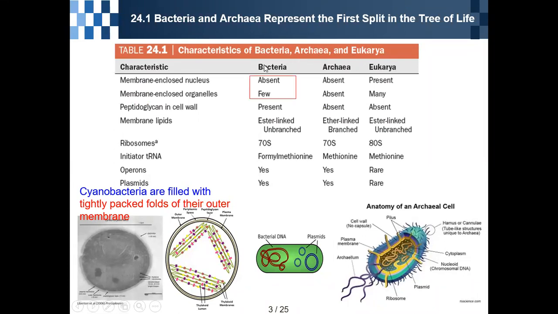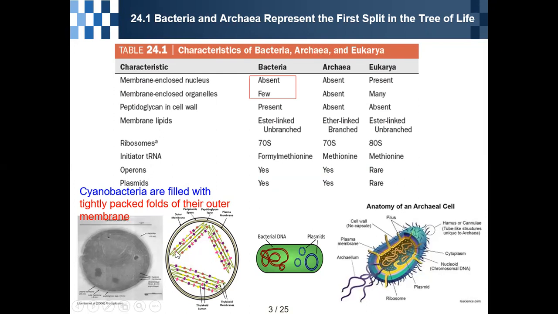Bacteria don't have a membrane-enclosed nucleus, but some of them have membrane-enclosed organelles. For example, cyanobacteria are filled with tightly packed folds of their outer membrane.